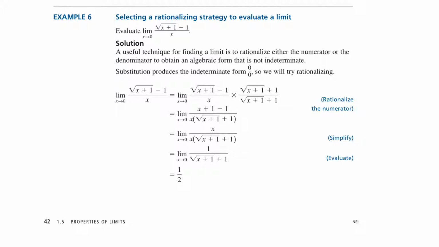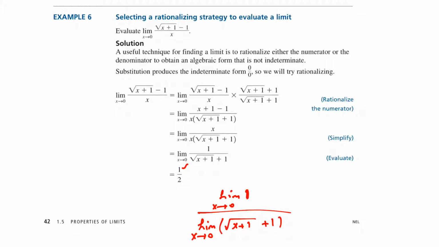It is direct substitution. But if we want to show our work in a little more detail, we say this limit is the same as the limit of 1 as x approaches 0 divided by the limit of square root of x plus 1 as x approaches 0. The limit of a constant is the same constant, therefore the limit of the numerator is 1.